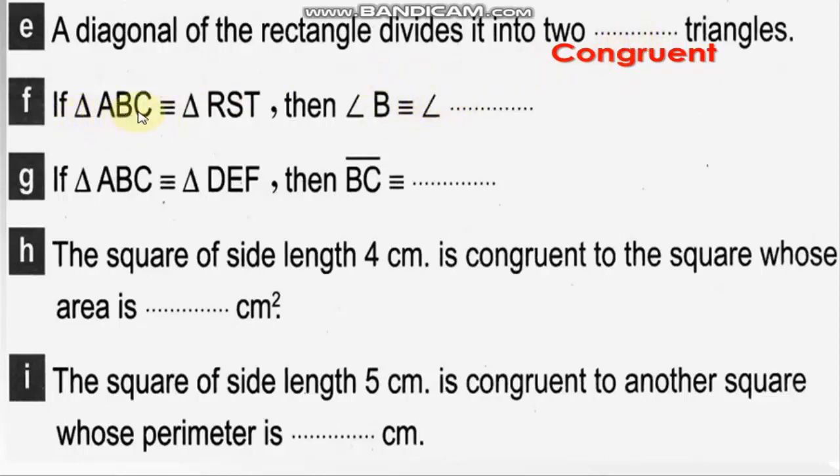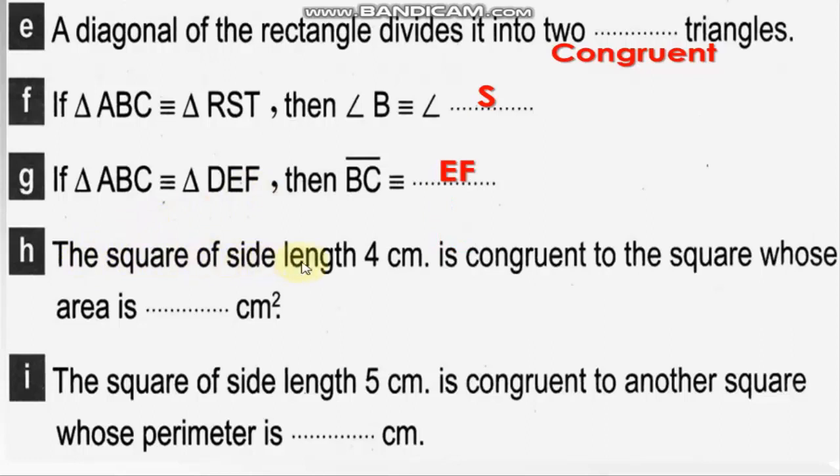If the triangle ABC is congruent to the triangle RST, then the measure of angle B, the middle letter, is congruent to the angle S, the middle letter, so measure of angle B is congruent to the angle S. If the triangle ABC is congruent to the triangle DEF, then BC is congruent to EF.